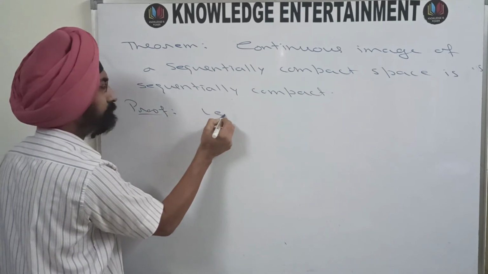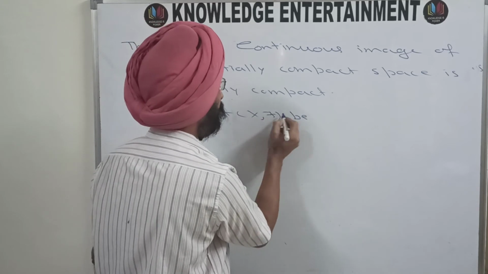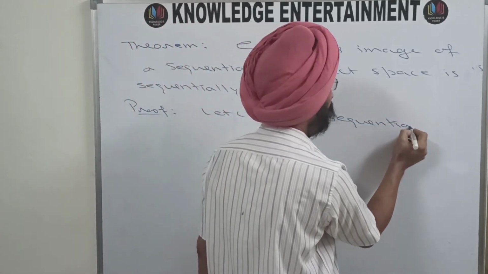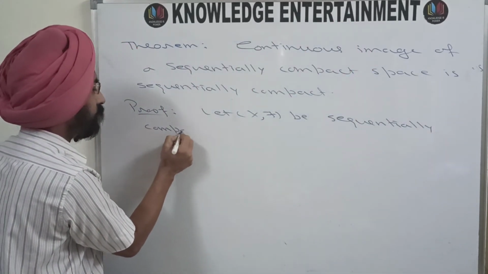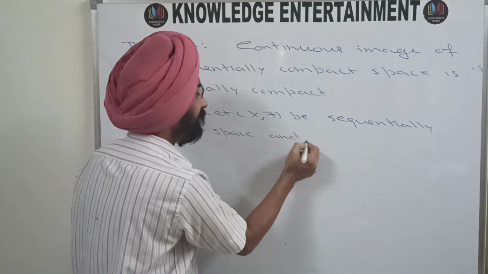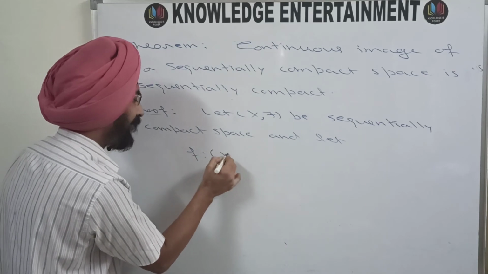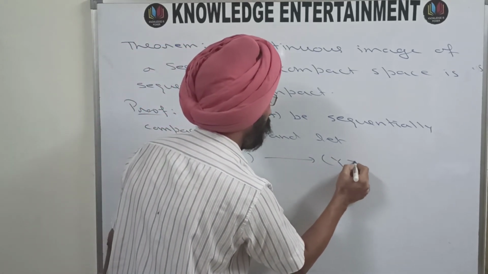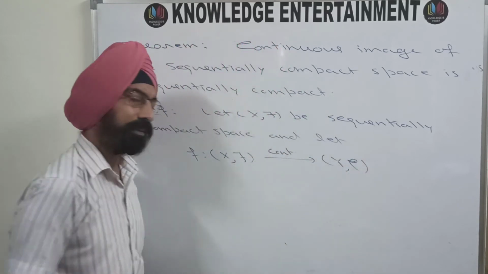Let (X, tau) be a sequentially compact space. So we have taken a sequentially compact space, and let f from (X, tau) to another topological space (Y, rho) be a continuous function.